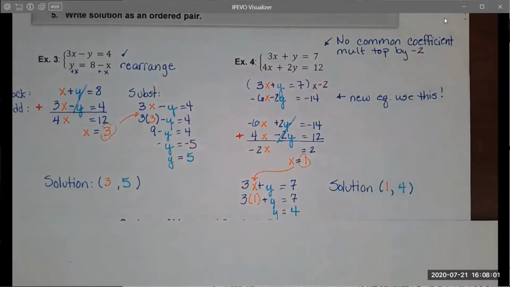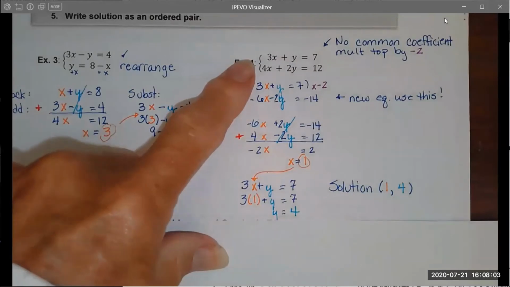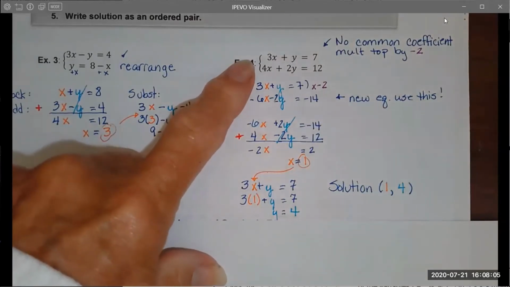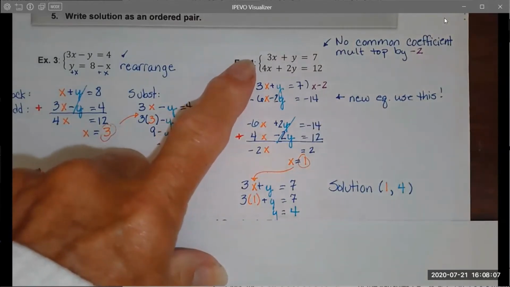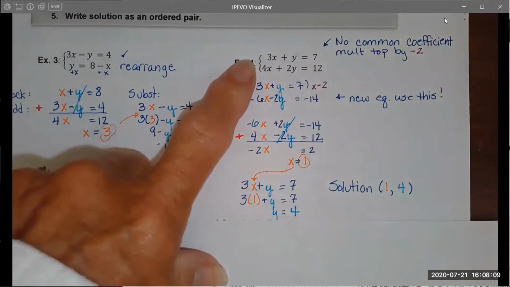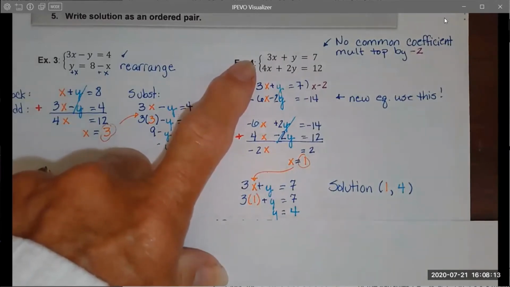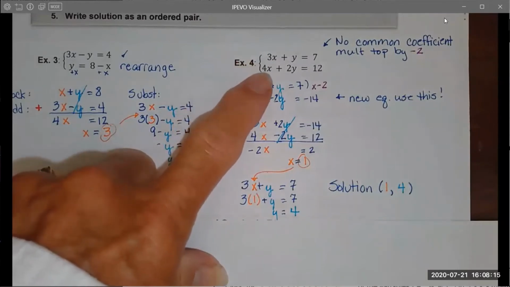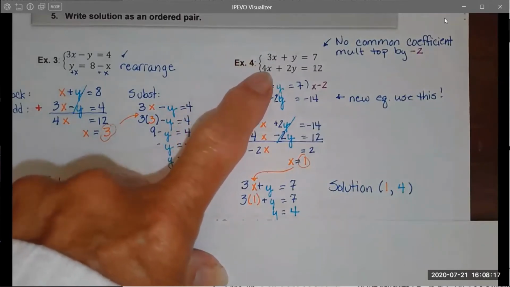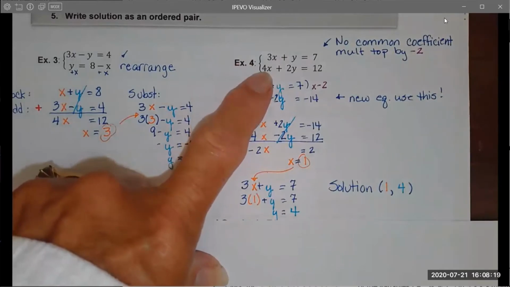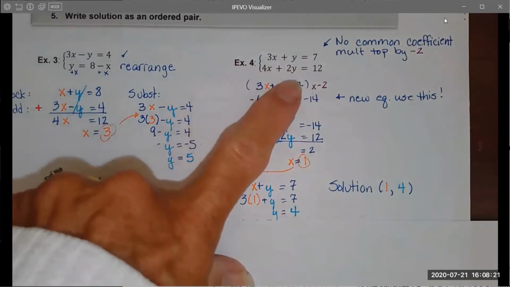All right, as I said before, there was no common coefficient in these two equations. They were already neatly stacked, so that's a blessing. But because there was no common coefficient, I needed to manipulate the equations so that either they both had the same x coefficient or they both had the same y coefficient.